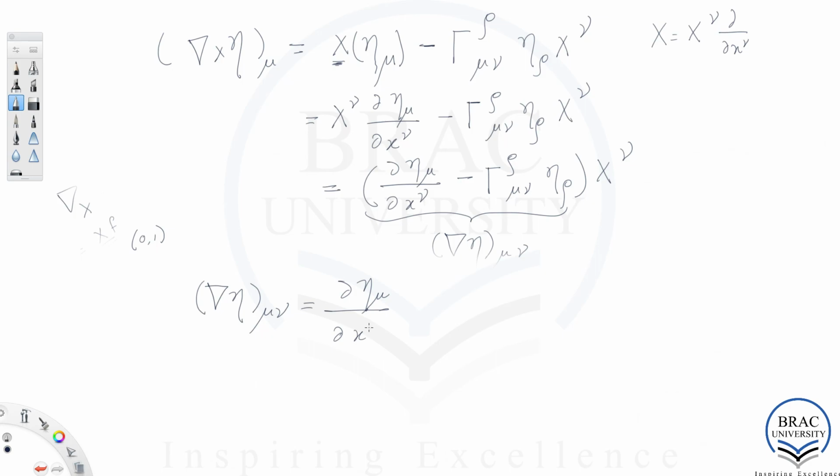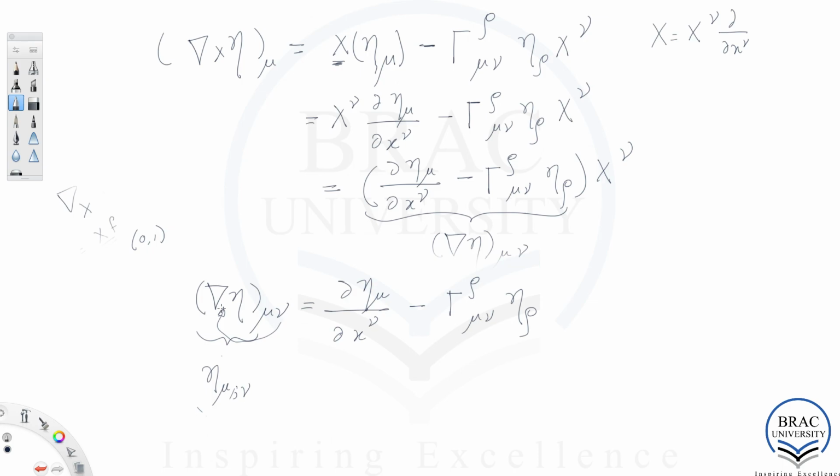Del eta mu by del x nu minus gamma rho mu nu eta rho. So this is also denoted by eta mu semicolon nu. Eta mu is the component of the one form that we are trying to derive, and nu is coming from this covariant derivative operator.